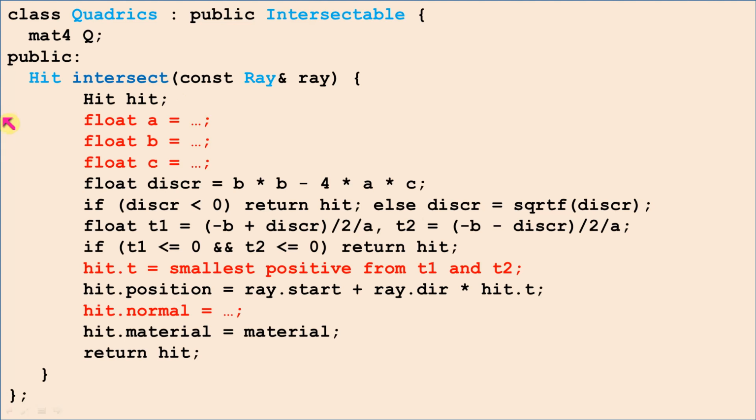As we have concluded, such intersection calculation always leads to a quadratic equation, so the a, b, c parameters of the quadratic equation can be obtained.